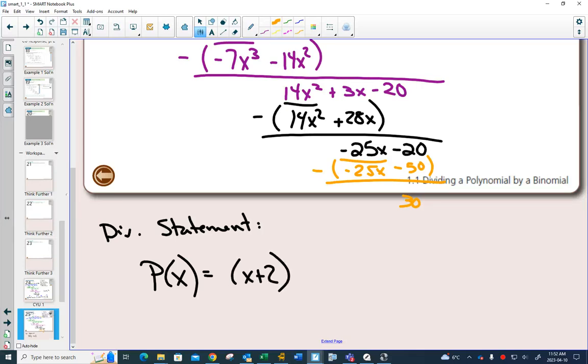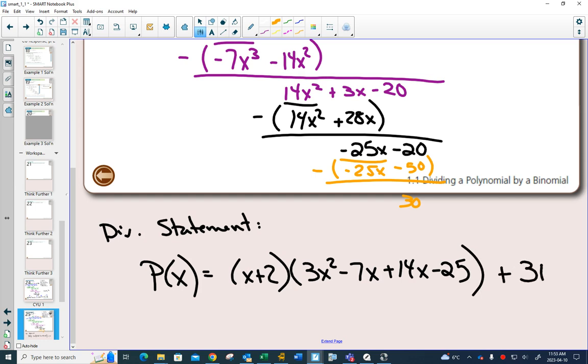Our quotient, our answer that we got, was 3x squared minus 7x plus 14x minus 25. And then it didn't quite work. It had a remainder, so plus 30. So this is our polynomial, our divisor, our quotient, plus our remainder.